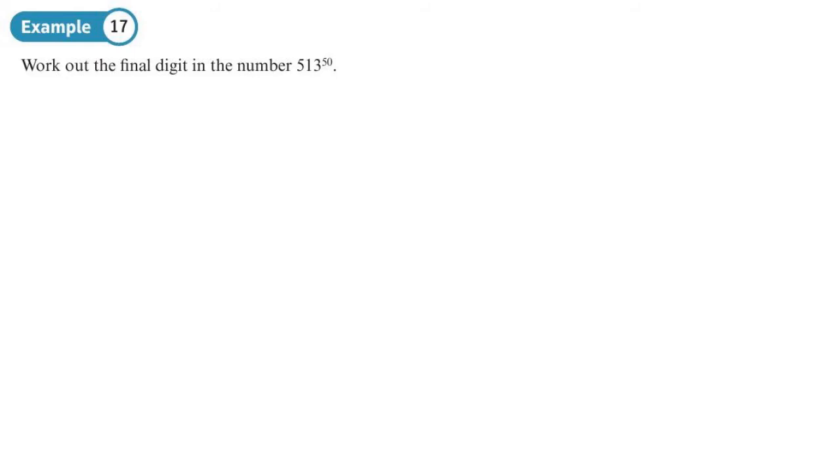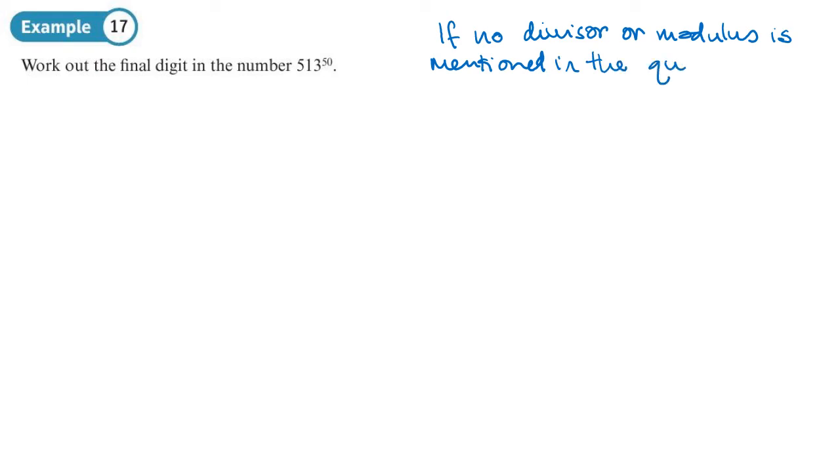So if no divisor or modulus is mentioned in the question, then we are using mod 10, because basically mod 10 is like the numbers that we use ordinarily, and that's what this question is about. It's an ordinary number. Work out the final digit in that number. So this is going to be modulus 10.